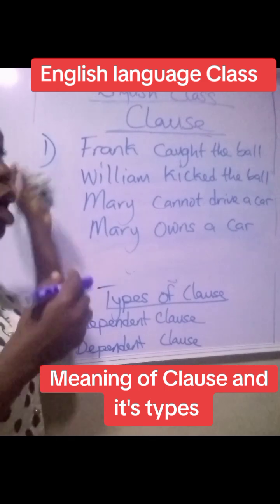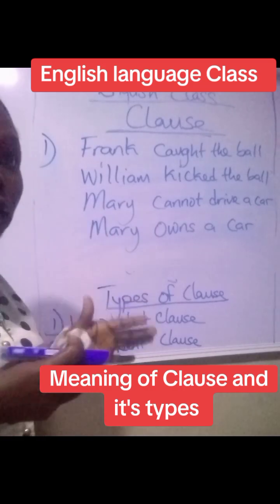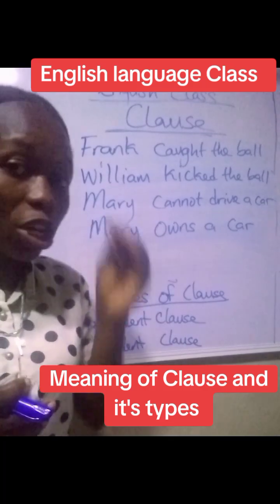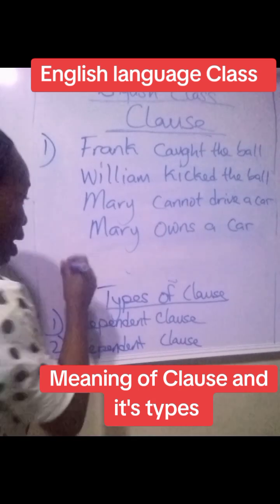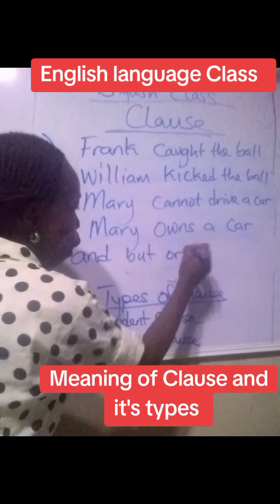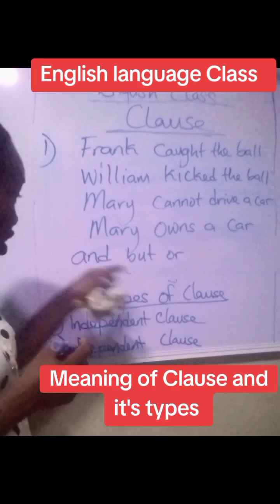See, these are examples of independent clause, and we can join two independent clauses together with a coordinating conjunction. Coordinating conjunction like, for example, and, but, or, etc. We can join these sentences together with either of these.